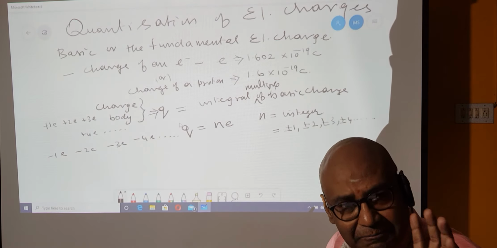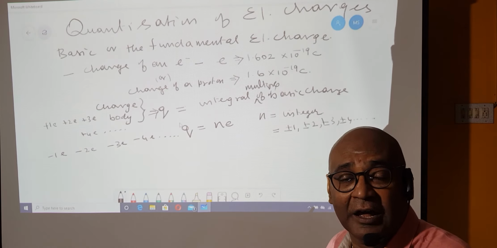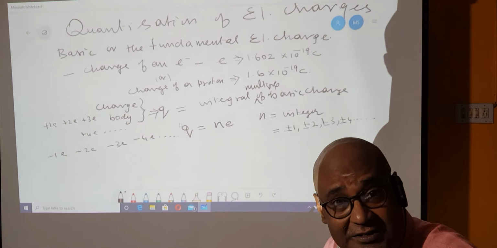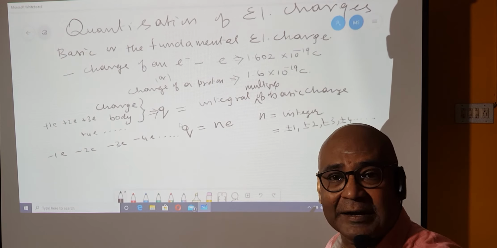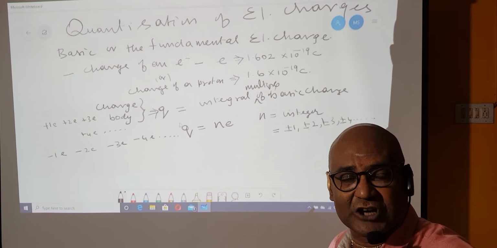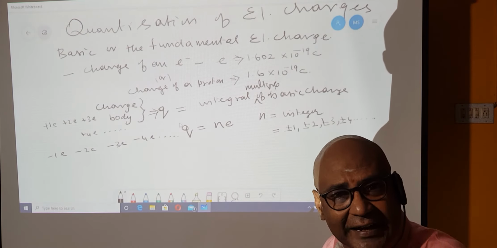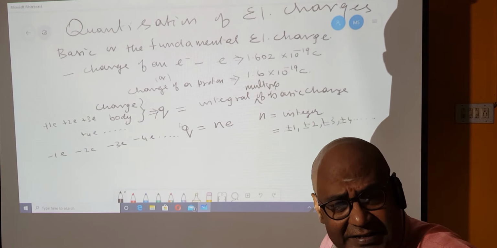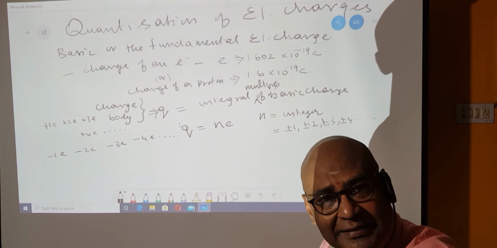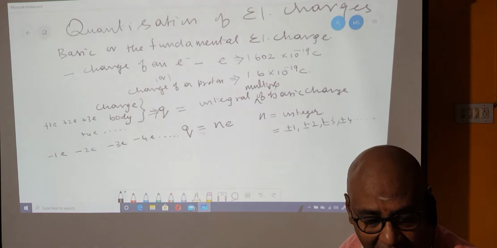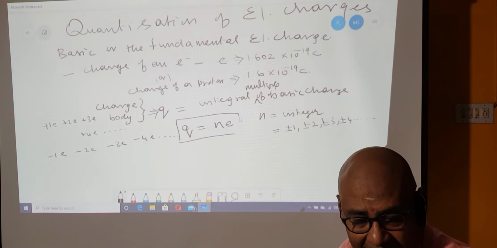Any charged body will have charges in integral multiples of the basic electronic charge e. That is written mathematically as Q = n e.